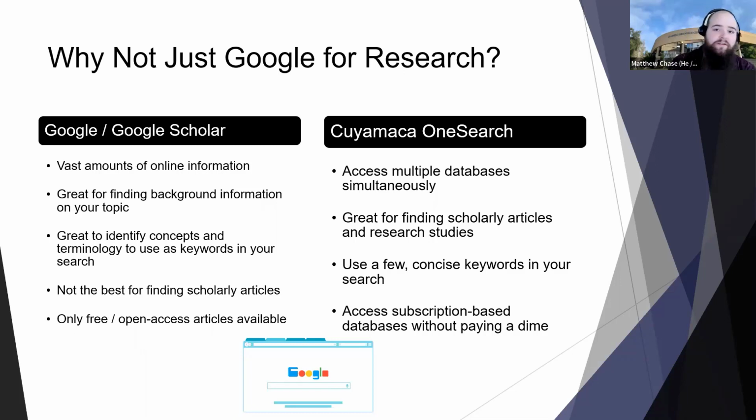And that's not necessarily a bad approach, but the thing we really need to consider is, should that be your only approach? There are some limitations as well as benefits to using Google or other types of internet search engines, and you should be aware of the limitations, especially when it comes to research articles. So for example, with Google or Google Scholar, which is a much more specialized search engine within Google, you can find vast amounts of online information.